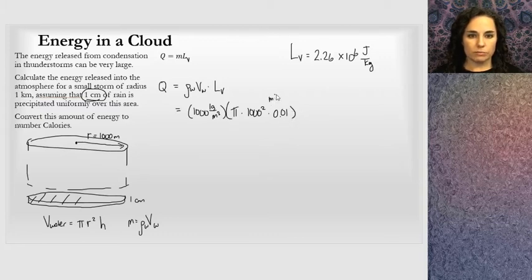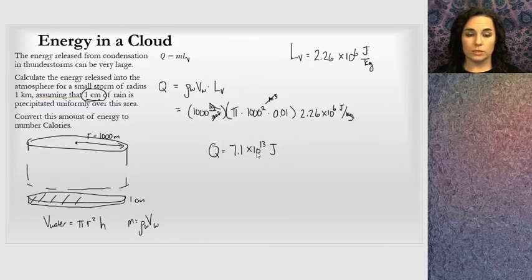So that gives us a meter cubed, and a meter cubed, I have kilograms left over. I'm going to write in here the latent heat of vaporization, 2.26 times 10 to the 6 joules per kilogram. The kilograms cancel with the kilograms. I'm left with joules. So this becomes 7.1 times 10 to the 13th joules.